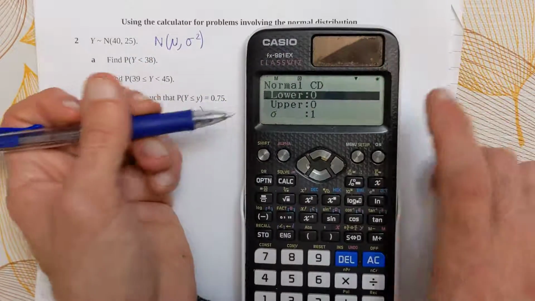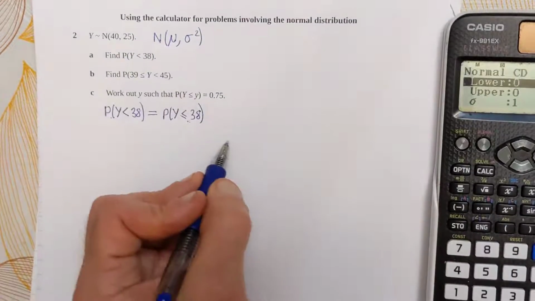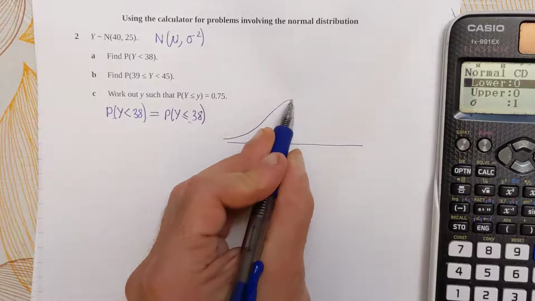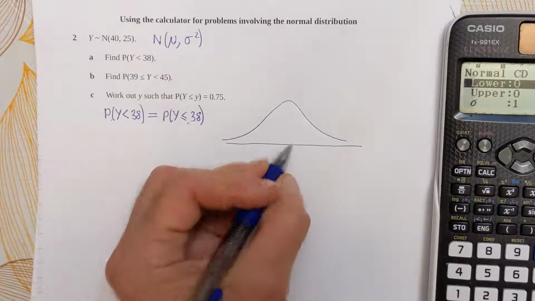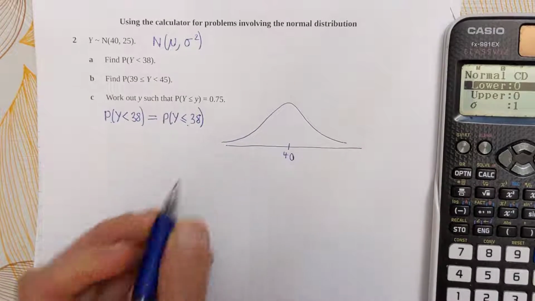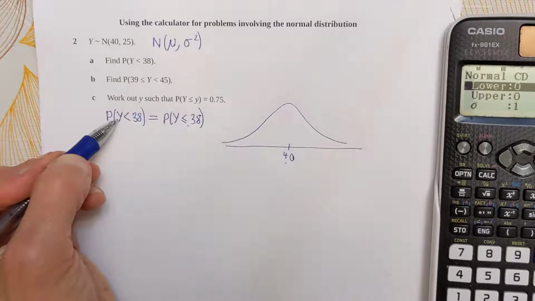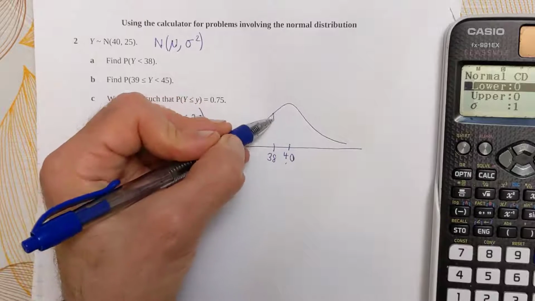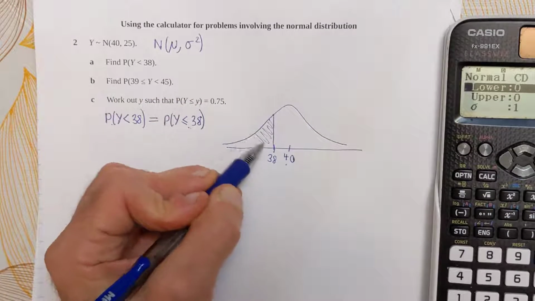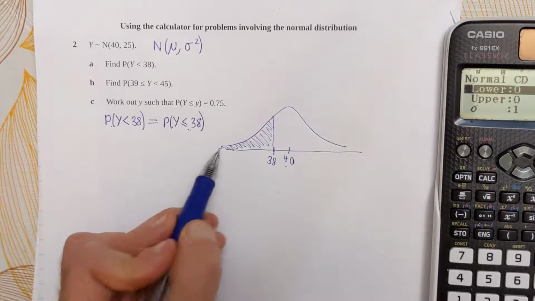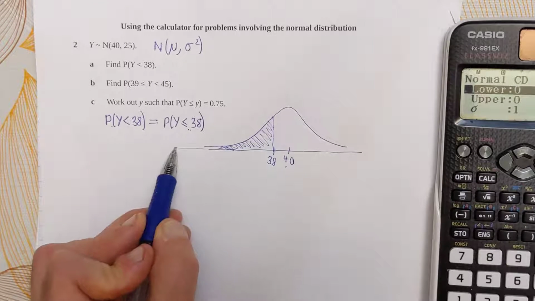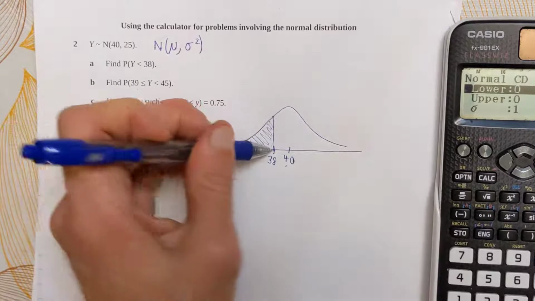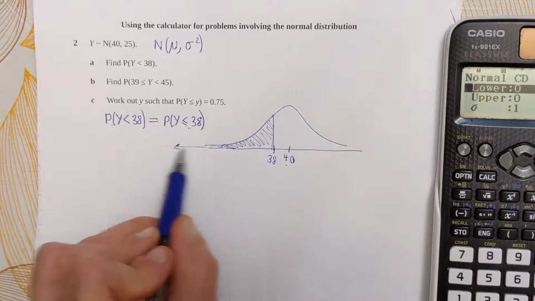Before we put limits in, let's remind ourselves that in a normal distribution, such as this one, where the mean is 40, and we want the probability that Y is less than 38, let's put 38 here, it's the area that matters. And the area must go from a lower limit to an upper limit. In this case, the upper limit is obvious, it's 38. But what do we put for the lower limit?